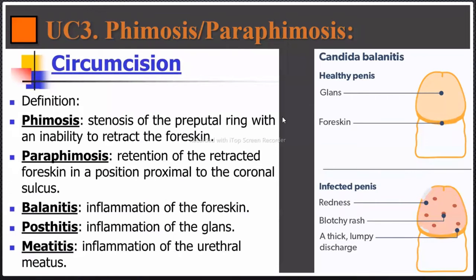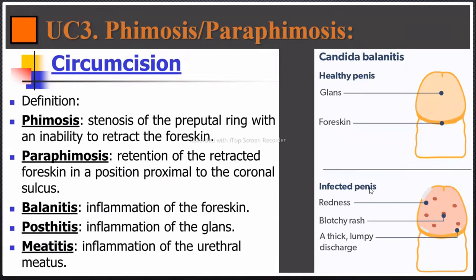Phimosis and paraphimosis. Here, be familiar with the glans, foreskin, and the penis. In Candida balanitis, a healthy one will be without redness, without inflammation, without discharge.